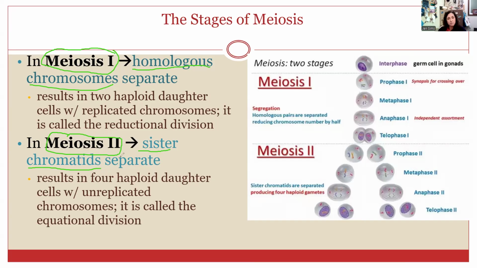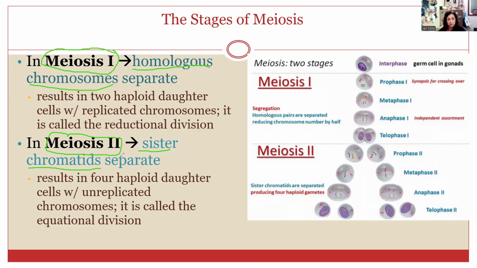You kind of need to memorize that. And then after you have that memorized, you can walk yourself through PPMAT twice. You just have to know who separates in each phase. After you know that, no problem, because it's mitosis 2 times.